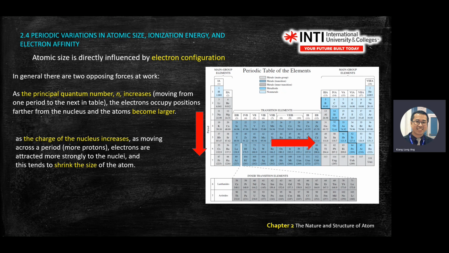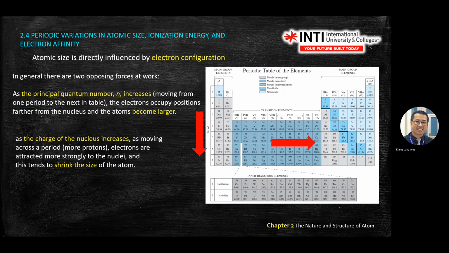So based on the periodic table, you should be able to predict the size, which atom is bigger and which atom is smaller. If I give you two elements from the periodic table, let's say carbon and maybe krypton, which one is bigger?